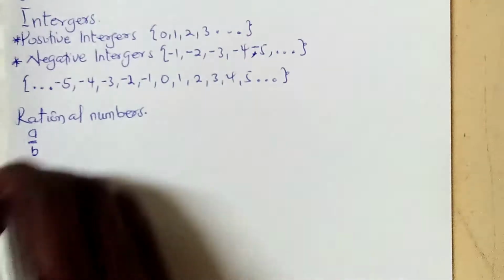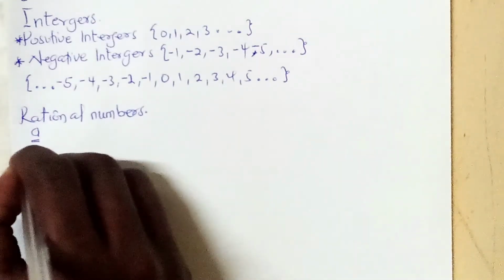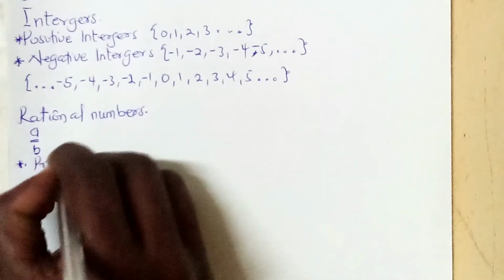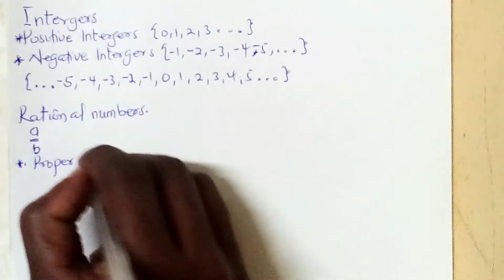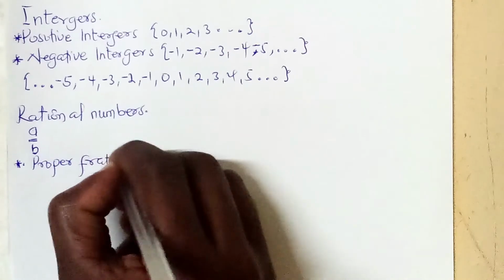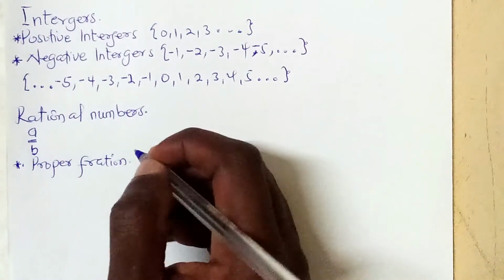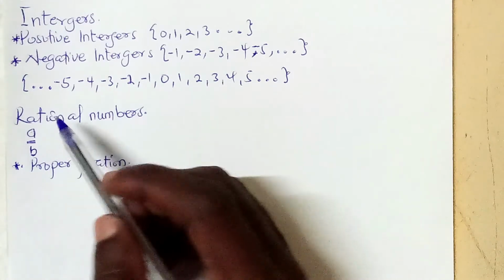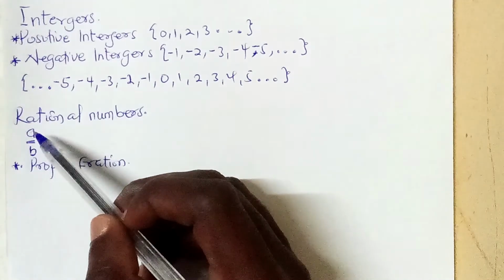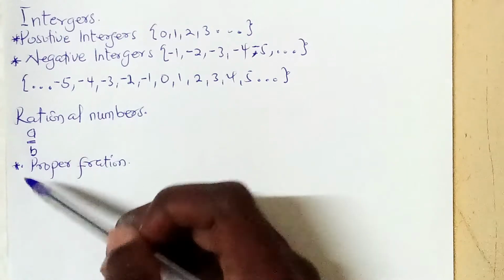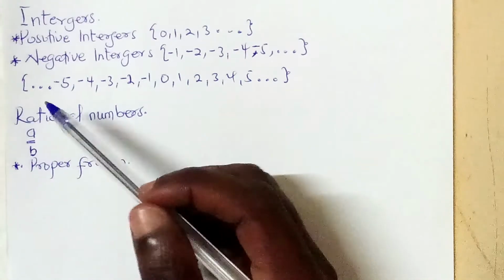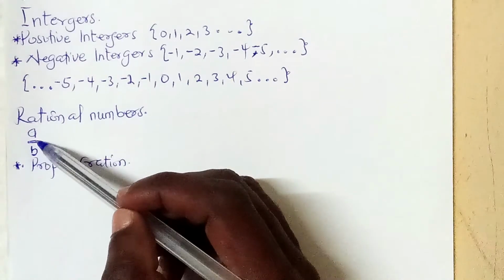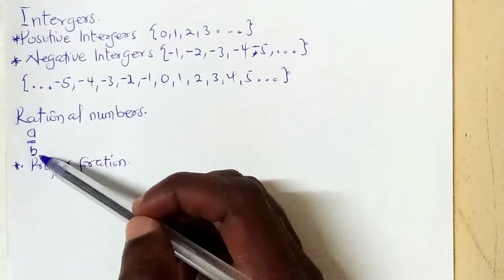So the first type of rational number we are going to be dealing with is a proper fraction. With a proper fraction, the numerator is always smaller than the denominator. The numerator is the number or the figure above the bar, and the denominator is the figure beneath the bar.